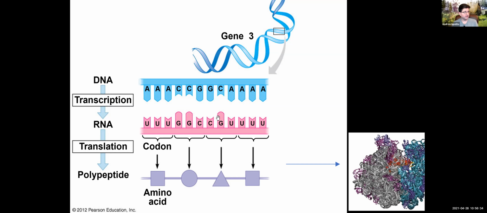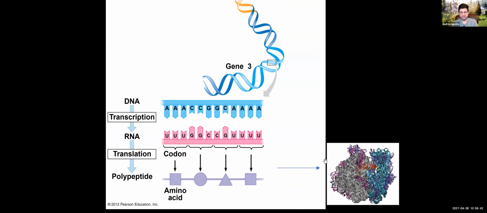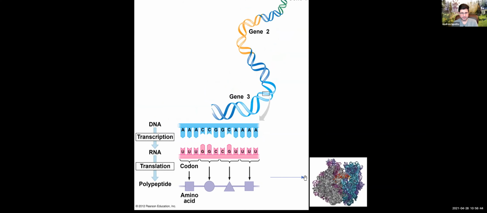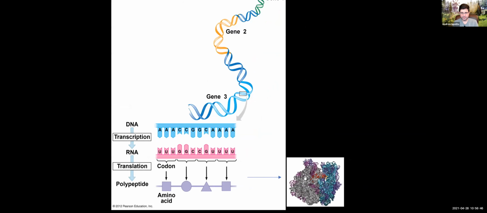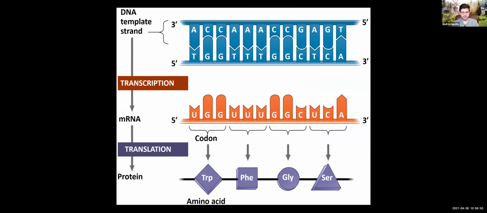And you can see why none of this work was done from 1900 to 1940. This is just insanely complicated, right? And over here, this is the ribosome that translates it all. Okay. There it is, bigger. There's transcription and translation.